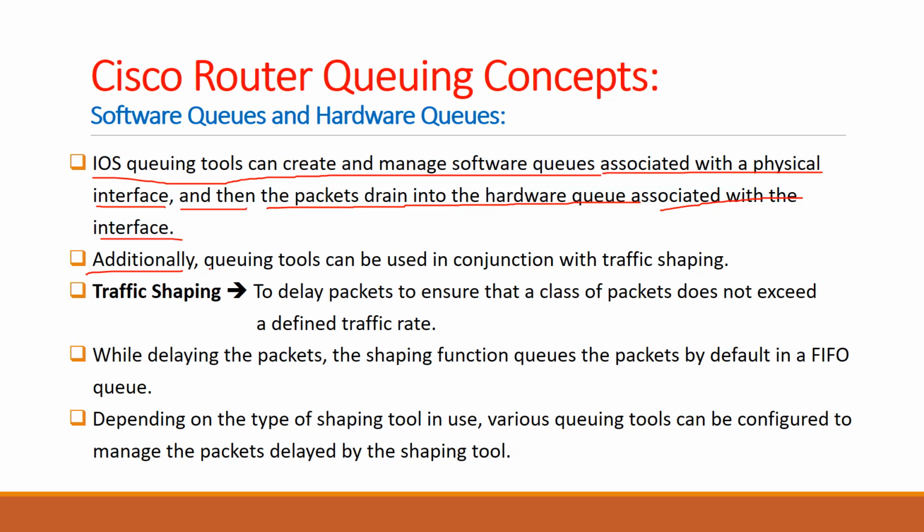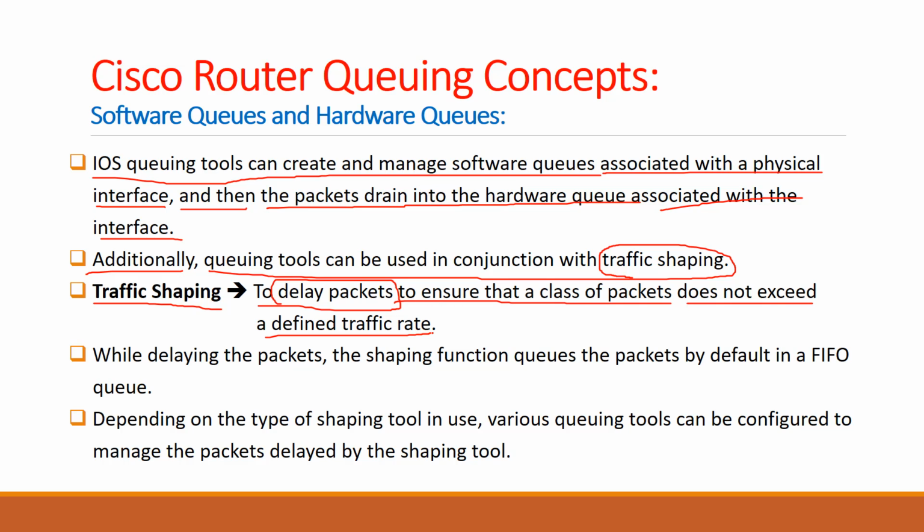Additionally, queuing tools can be used in conjunction with traffic shaping. So you can use queuing plus traffic shaping. To define traffic shaping, it is to delay packets to ensure that a class of packets does not exceed a defined traffic rate.